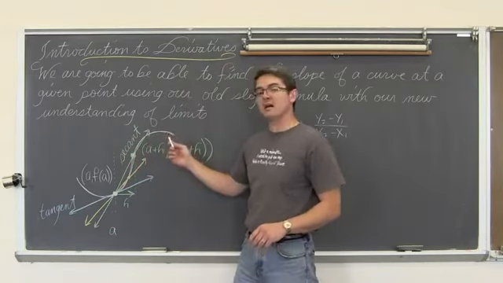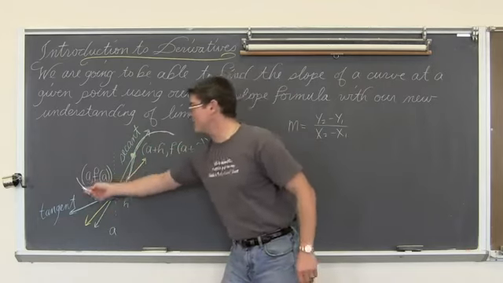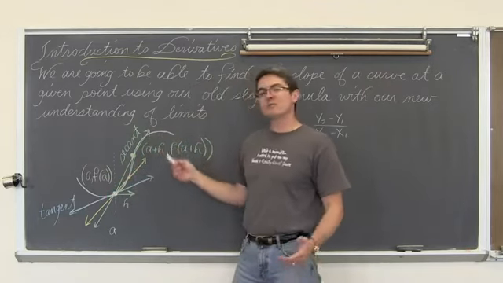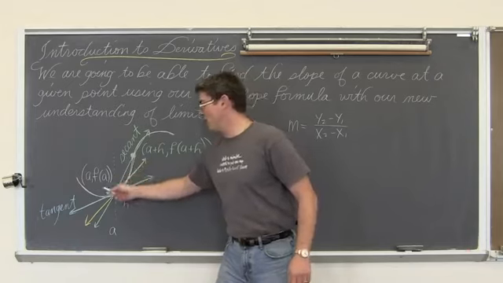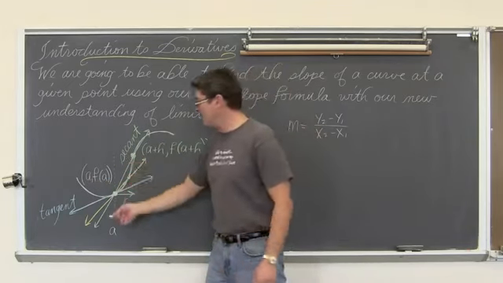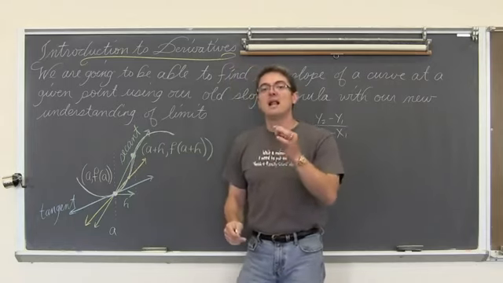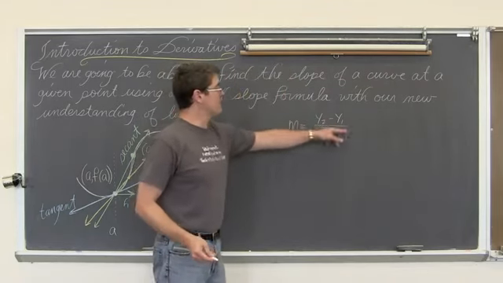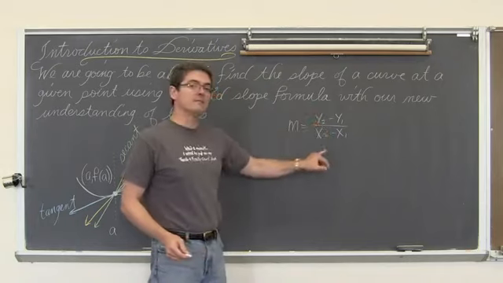This is a secant line. This line goes through my function, I guess you could argue 3 points, but I have marked off 2 points along that curve. So this green line is a secant line, and I can find the slope of that secant line using 2 fixed values of x and y.